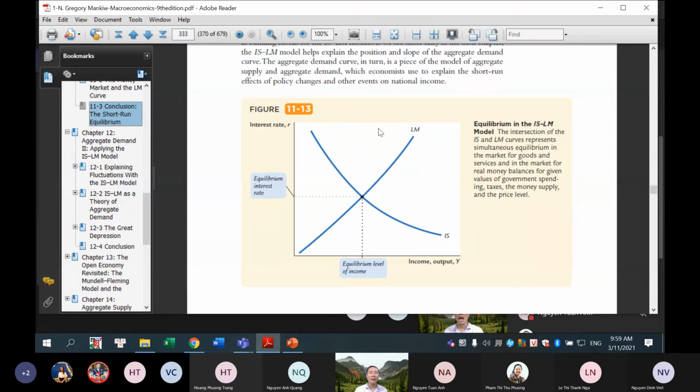Let's explain what happened to the economy when the public feel optimistic about the future of the economy. Here you have to identify the impact on interest rates, on income, on consumption, on investment spending.